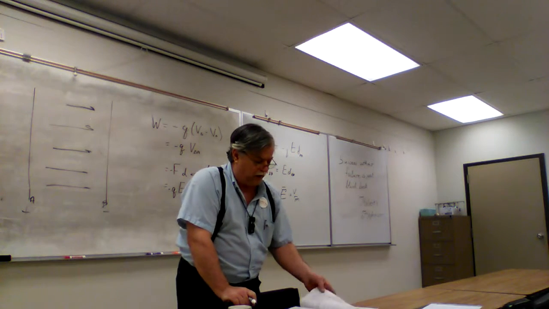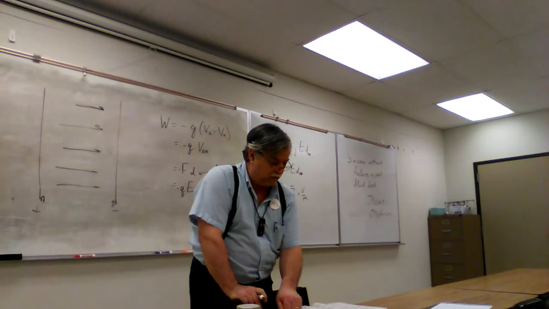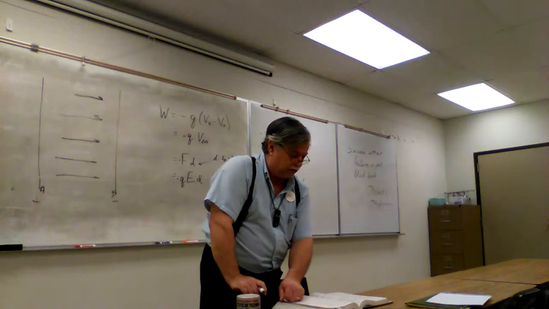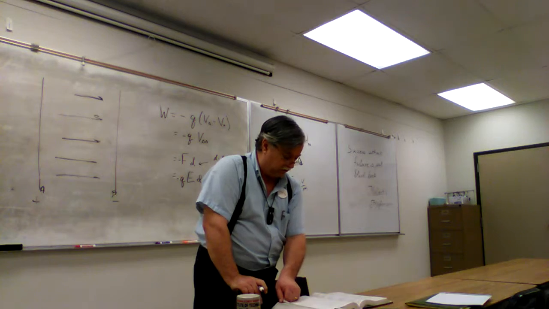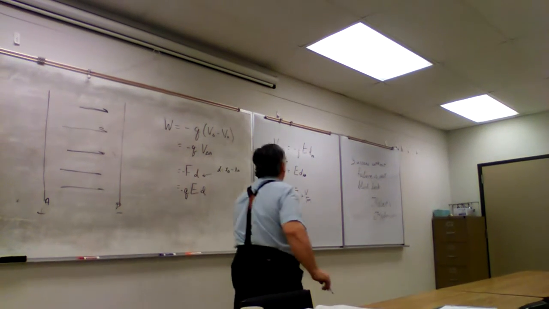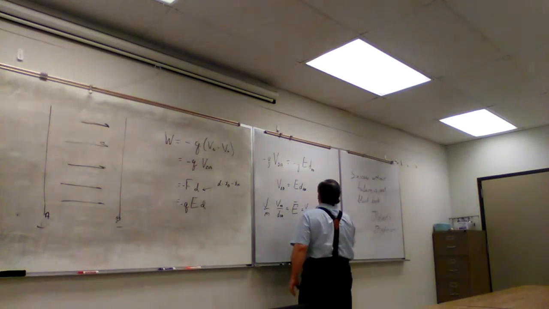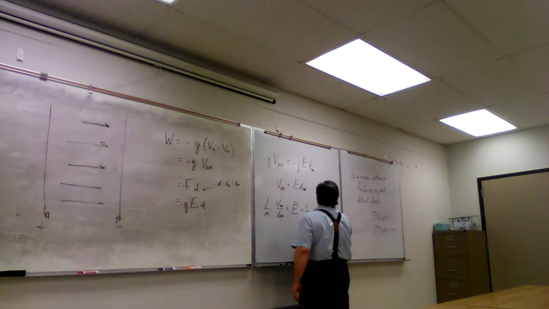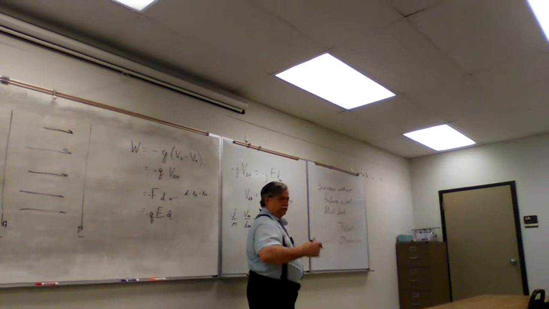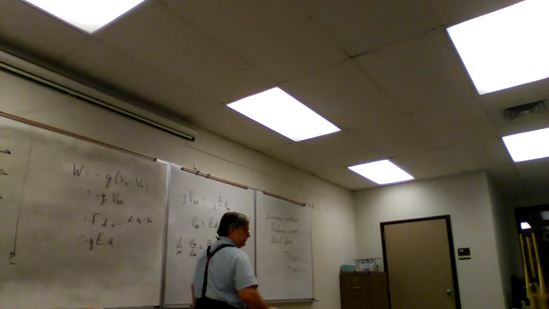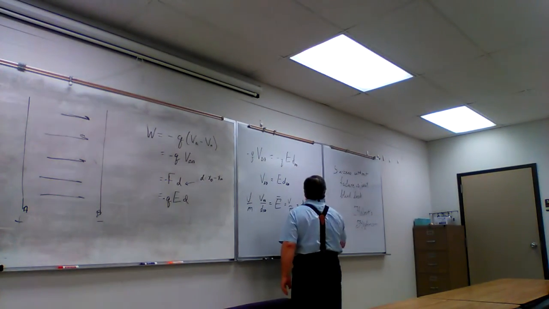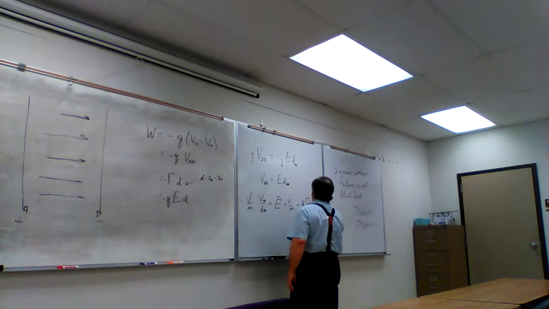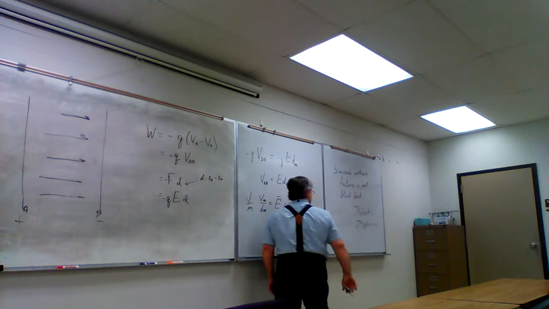But we've already seen that we can write the equation for that electric field as what? The electric field generated by a point charge, K times the charge, divided by the distance squared.